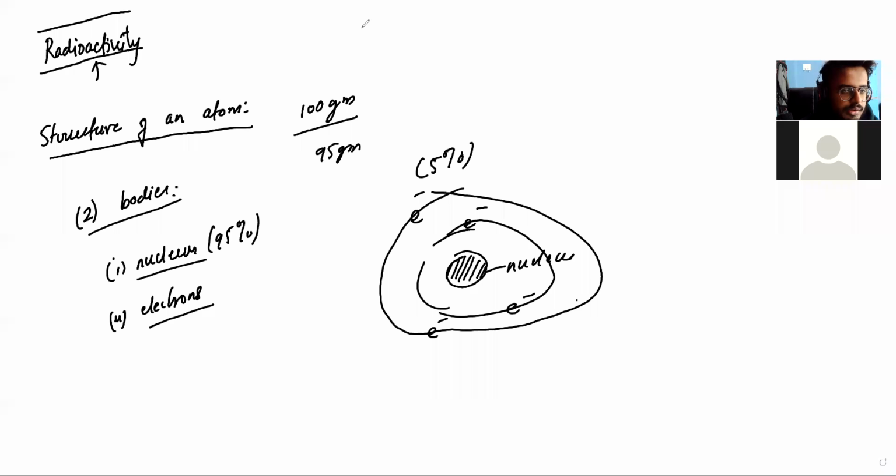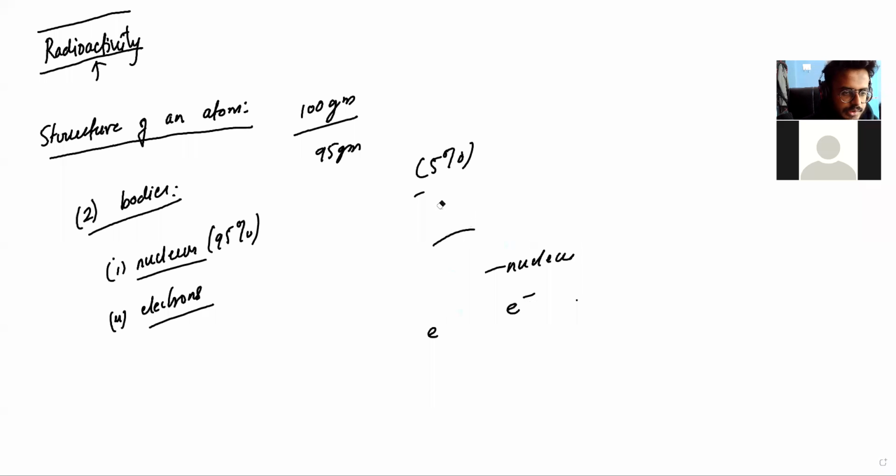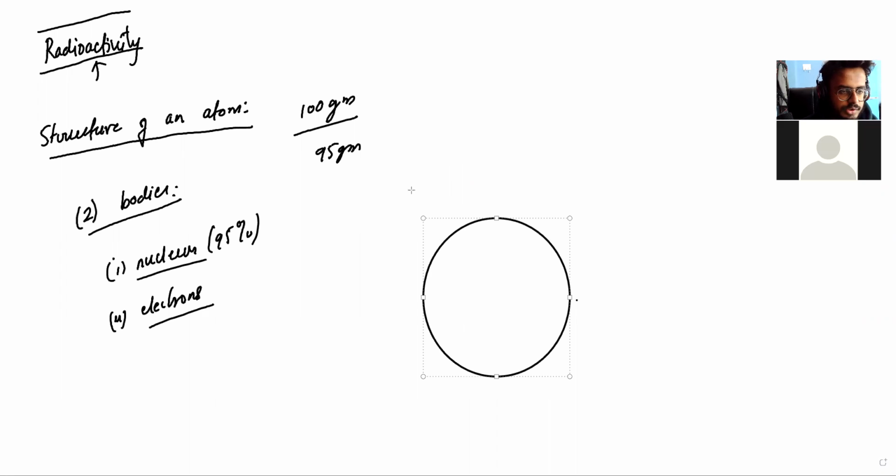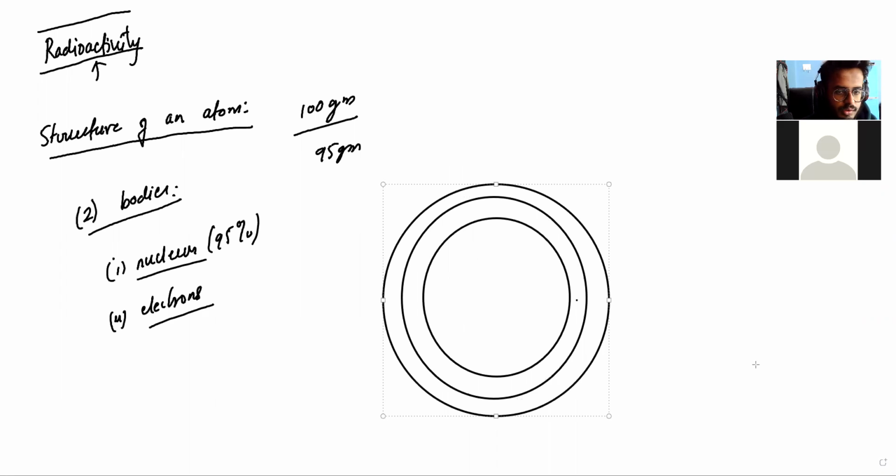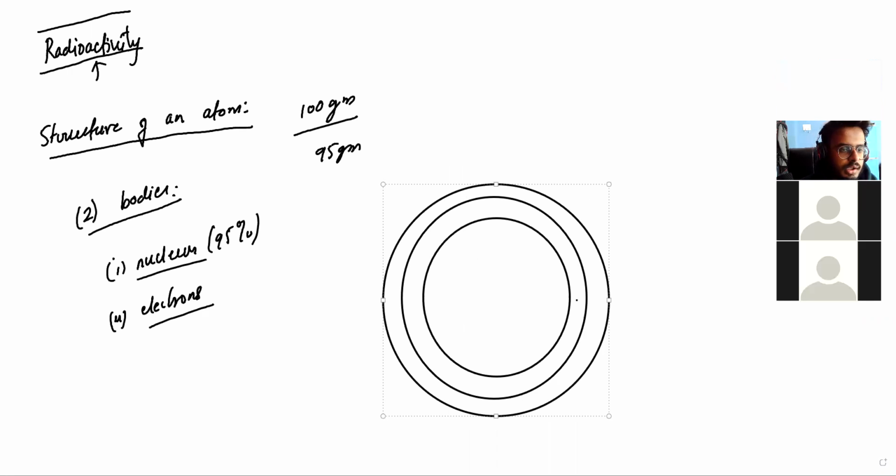One more very important thing we need to know about an atom is, suppose these are the orbits in which the electrons are revolving, and this is the central nucleus.